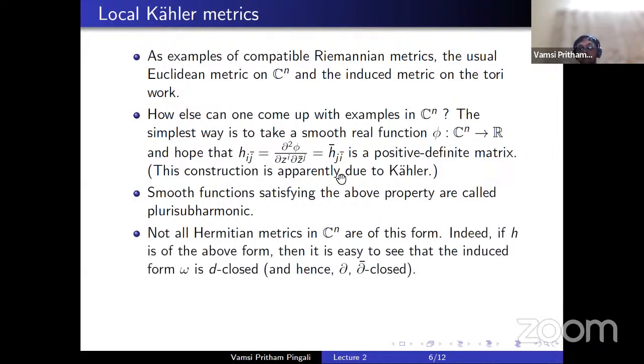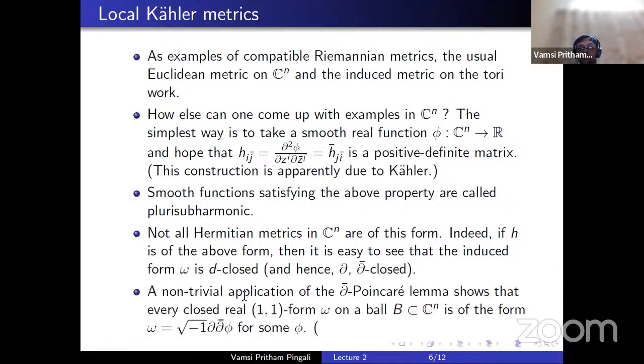And the little calculation that I just did verbally can be stated in the following way: if you take the induced 2-form ω given by h_{i j̄} dz_i ∧ dz̄_j, summed over i and j, that better be closed. So that's a necessary condition.